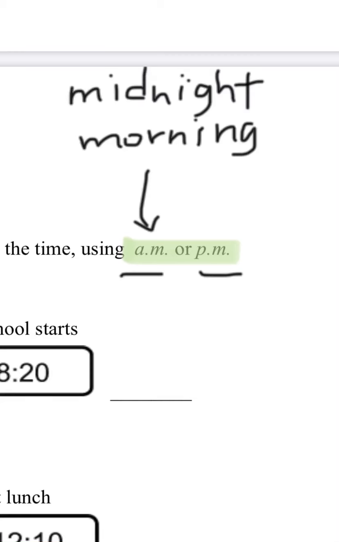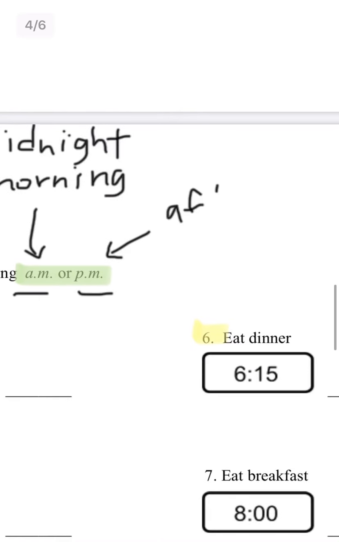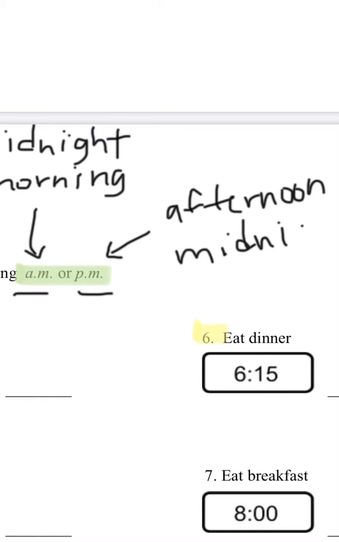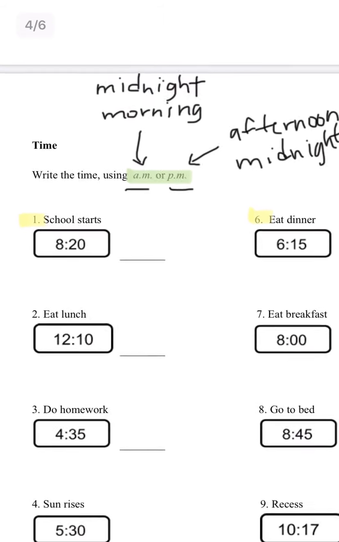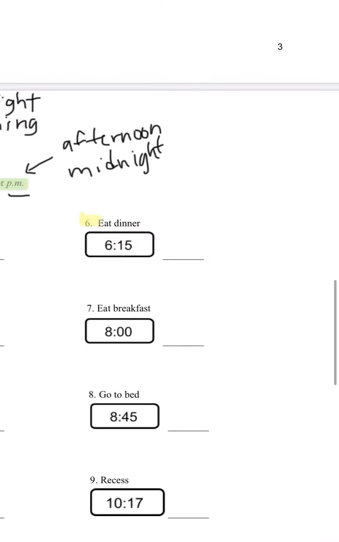Okay? So it's midnight to morning, and then how about PM? Well, it is from afternoon to midnight. Okay, hopefully that makes sense.